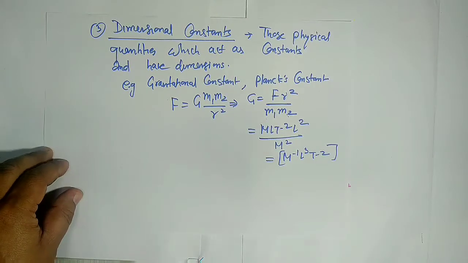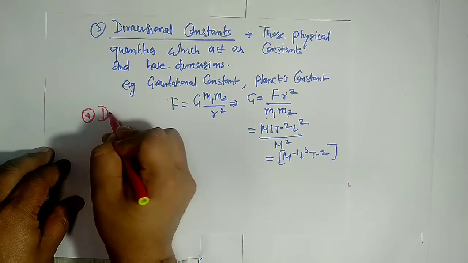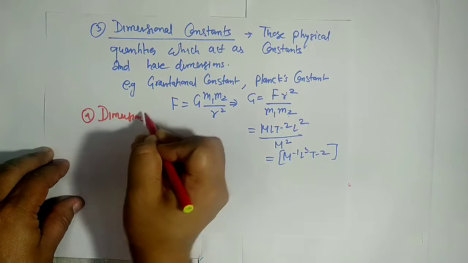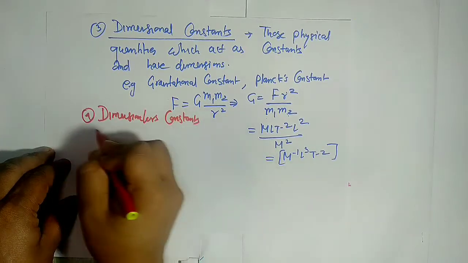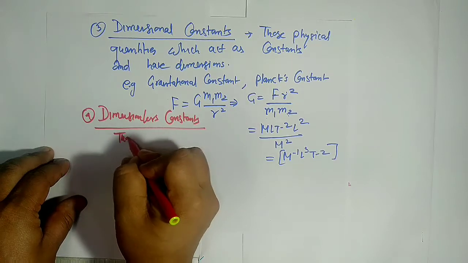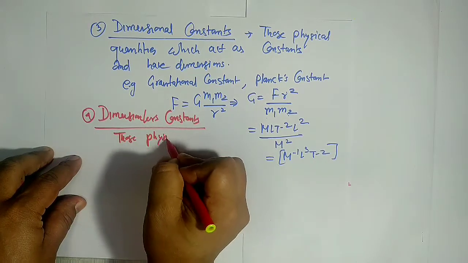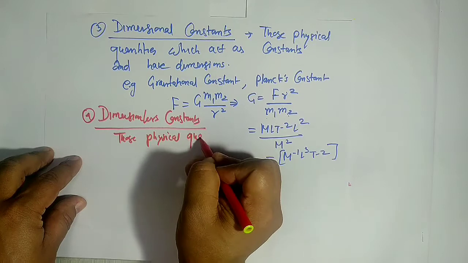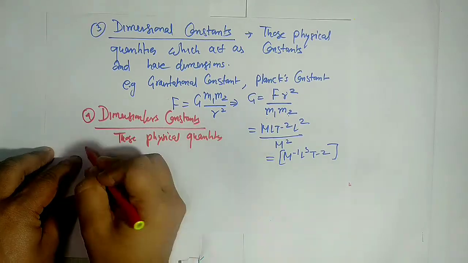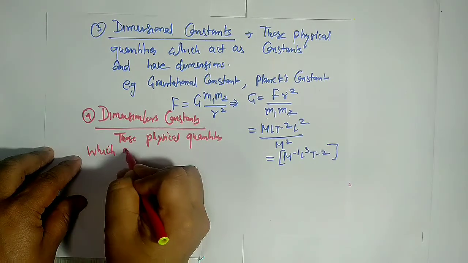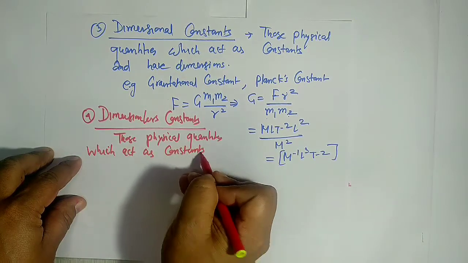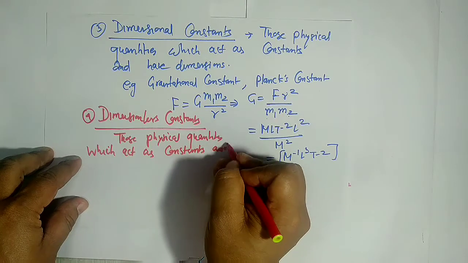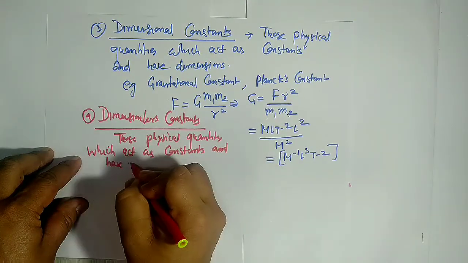And the fourth quantity is the dimensionless constant. Those physical quantities which act as constants but have no dimensions.